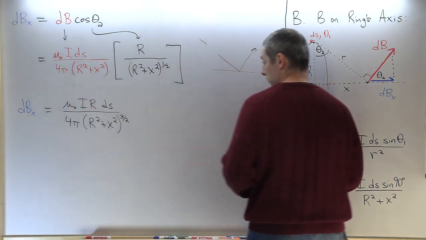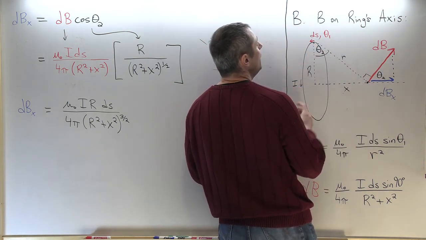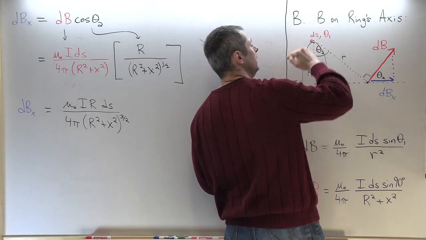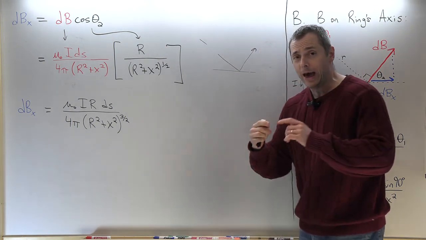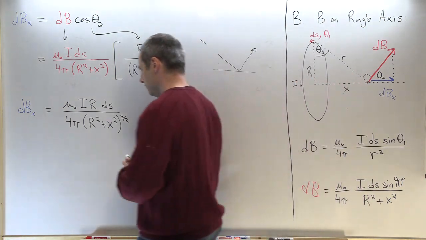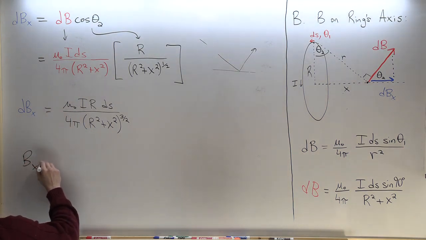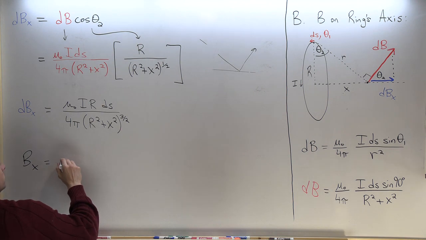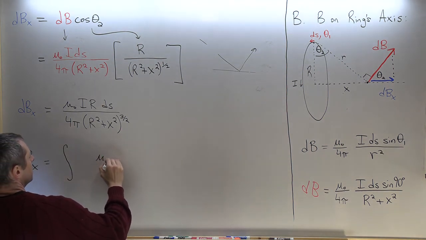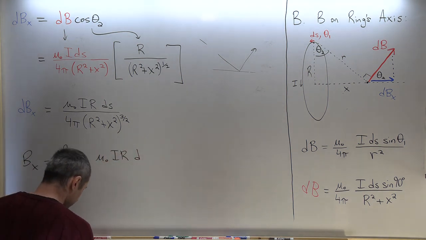So as I was saying, we don't want just this one arrow caused by this little ds. We want all the dBx's added together, contributed from the entire ring. So that means add, add, add. In other words, integrate. So I've got to integrate this to get B in the x direction. I'm going to leave space for the limits.